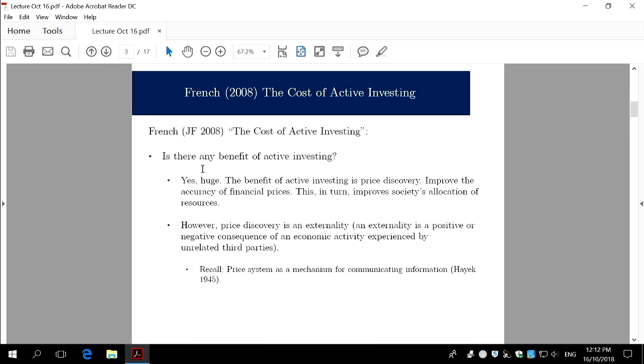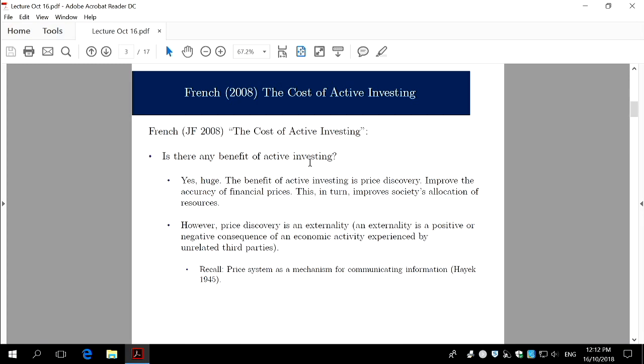The benefit of active investing is price discovery. Which means all those active investors collect information, and by trading, the market absorbs the information those investors collected.